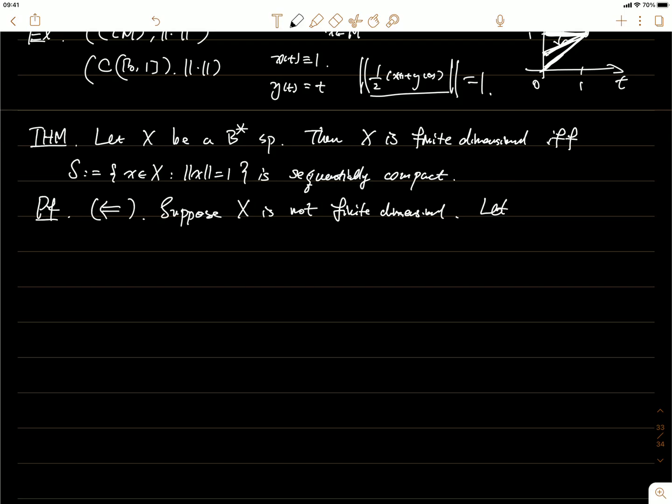And then I consider x1 through xn, from the unit sphere.